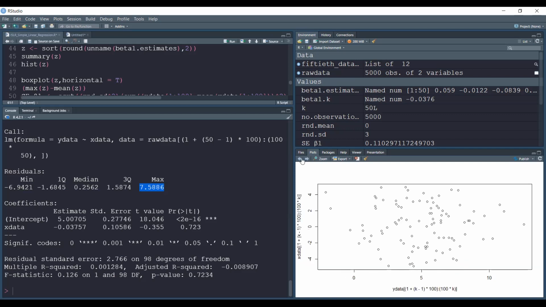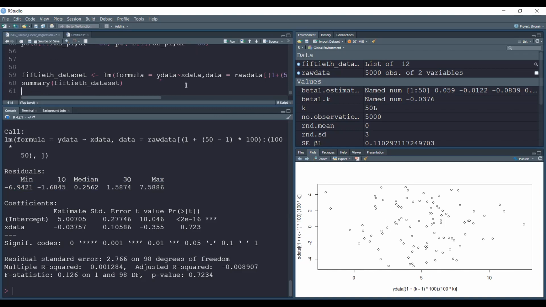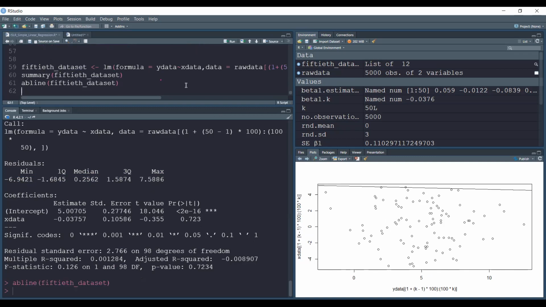The lm function is drawing a line. I actually think there might be a way of doing it. I'm not entirely hopeful, but is it abline? Abline. Oh, look, it worked.